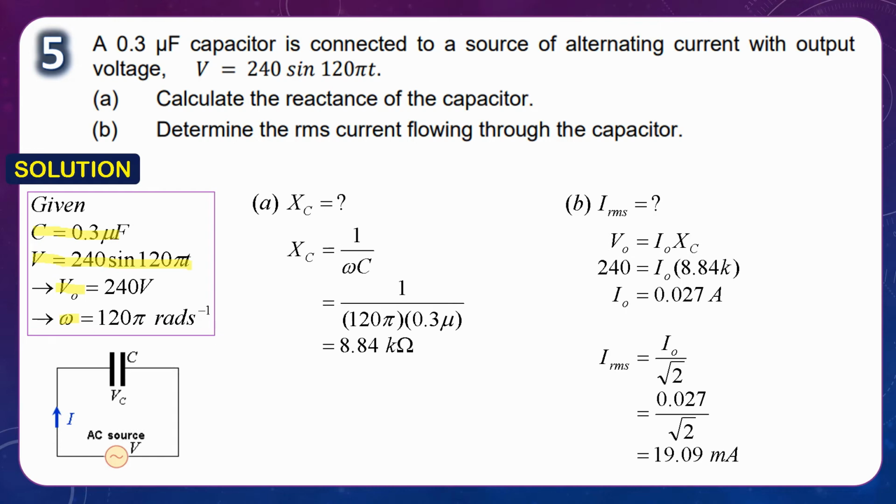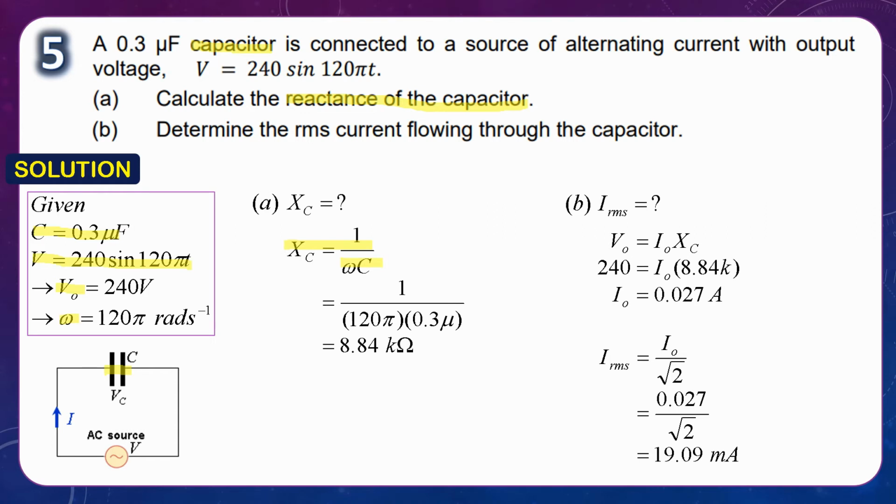The component is a capacitor, so it is a pure capacitor circuit. To calculate the capacitive reactance, we use the equation Xc equals 1 over omega C, and substitute the angular frequency and the capacitance.